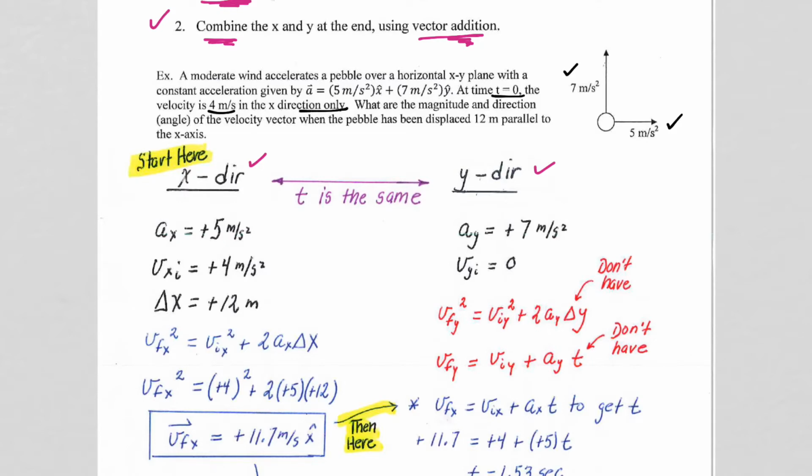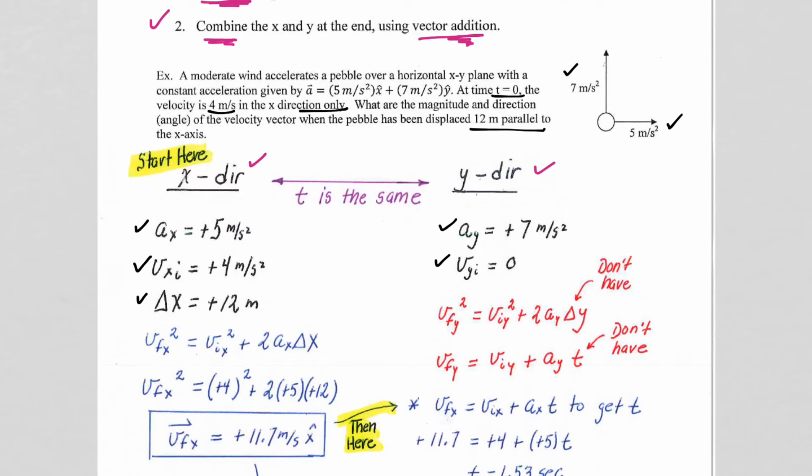So we are given the acceleration in the x direction, the initial velocity in the x direction, the acceleration in the y direction, and since it only has 4 meters per second in the x direction, we know the initial velocity in the y direction is 0. And we are told that the object is being displaced 12 meters parallel to the x-axis, so we know delta x is positive 12 meters.